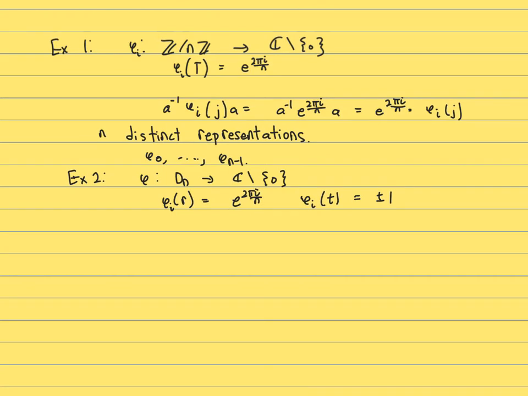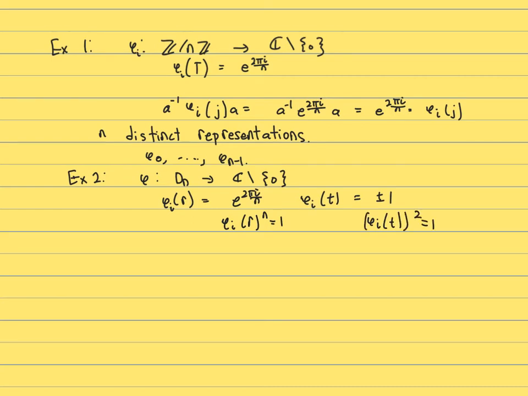But one thing I neglected to point out in the previous video is we still need to check which options actually give you a group homomorphism, because these are the conditions you need in order to get phi of r to the n to be 1 and phi of t squared to be 1.